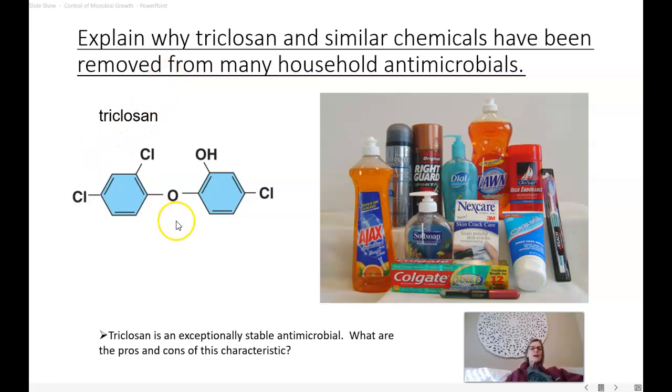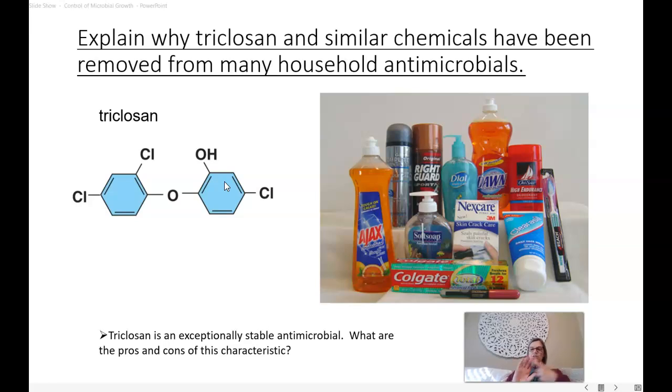Triclosan is a phenolic compound. If you take an OH and you attach this on it, or there's another OH. So there's the benzene ring and the OH.